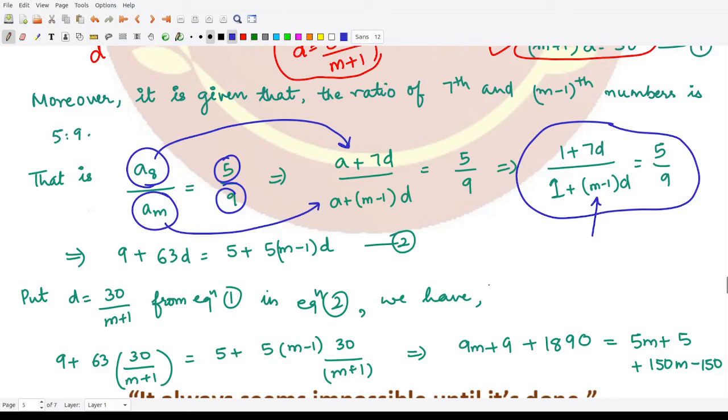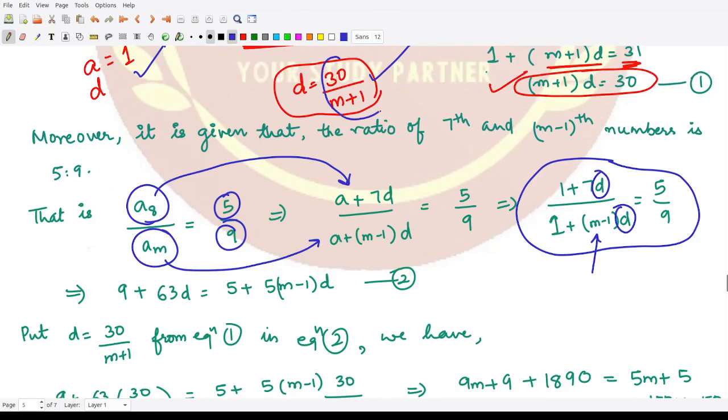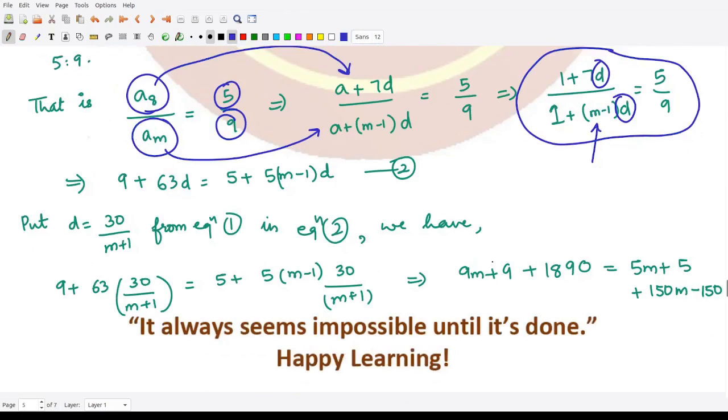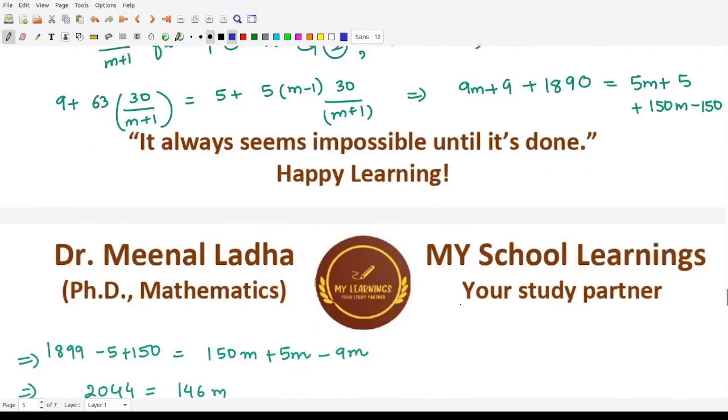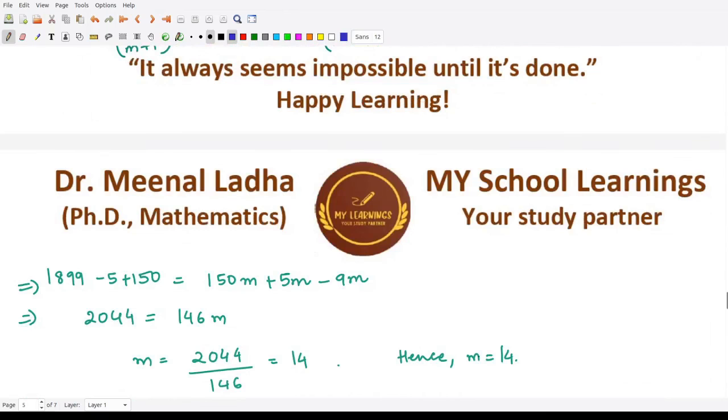You can substitute the value of d here and here as 30 divided by (m+1), and then simplify the expression. After simplifying, you will have the value of m equal to 14. You may do the calculations and check that your answer matches.